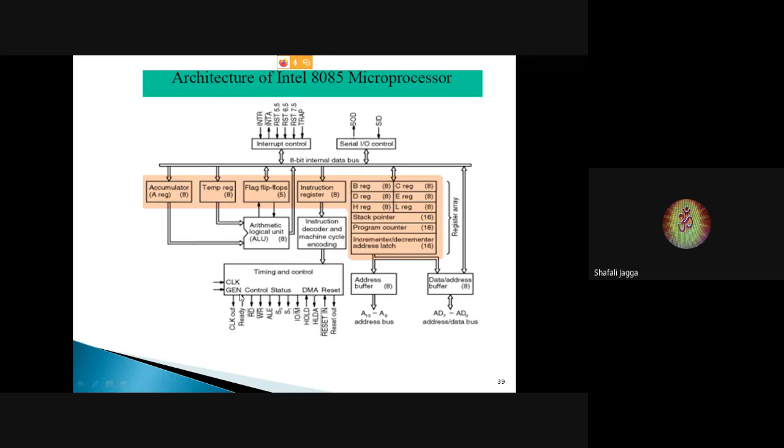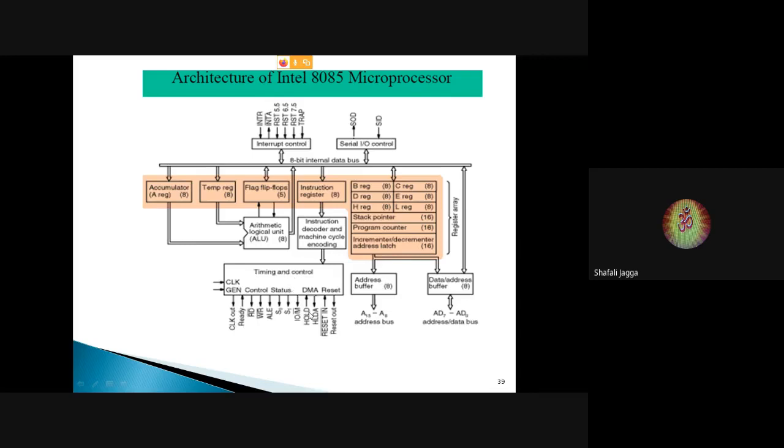Whenever this is 0, the slow peripheral will be busy completing its task and the microprocessor will be in the wait state. As the slow peripheral completes its task, the ready will be made 1. Then the microprocessor will resume its operation from where it had stopped. So the ready signal is used whenever the microprocessor is to interface with slow peripherals.